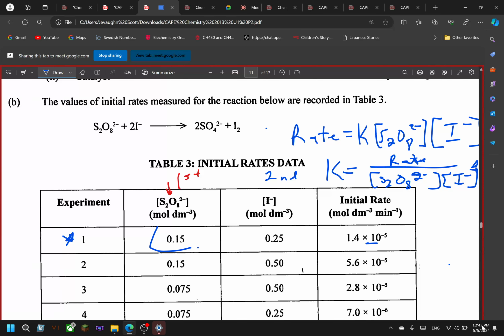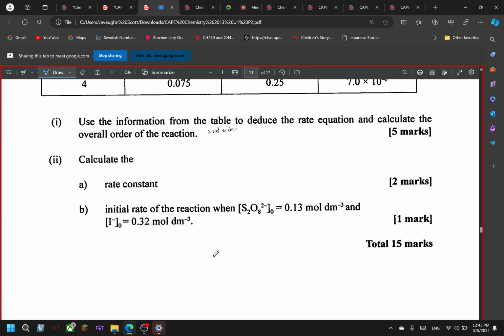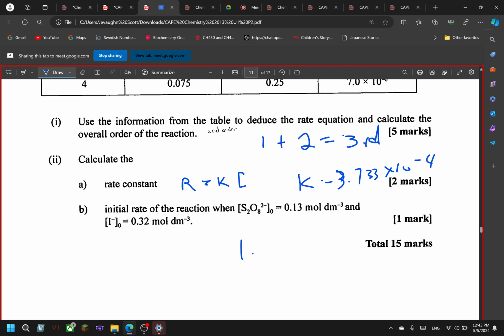So 1.4 times 10, let me write it out. So check the chat. All right, so that means that you squared, right? So that is the issue there. Okay, 1.4 times 10 to the power of negative 5, and we should be dividing it with the first reaction.